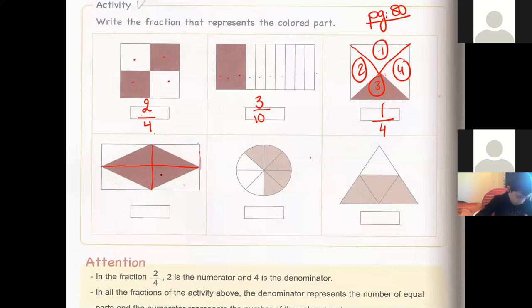How many parts did I color from these triangles, Mahdi? Muhammad, I'm asking Mahdi. Mahdi, how many parts did I color? 4. Yes, 4. 1, 2, 3, 4. 4 parts.